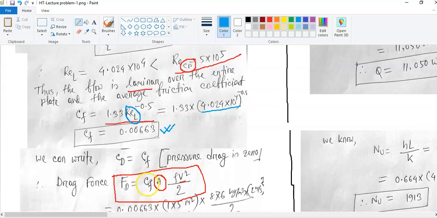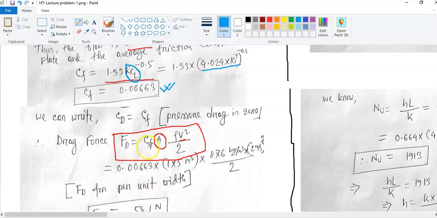Then we know CF, we know the area, 1 into 5. The density we got from table A13. We know the velocity, 2 meters per second, squared, over 2.